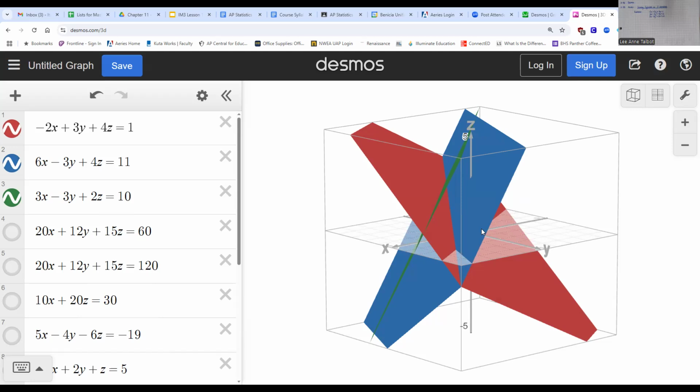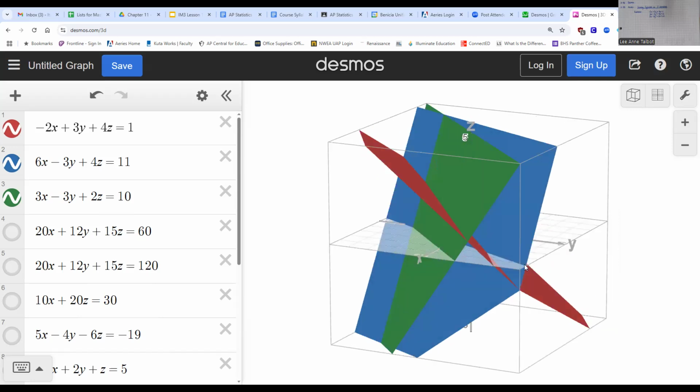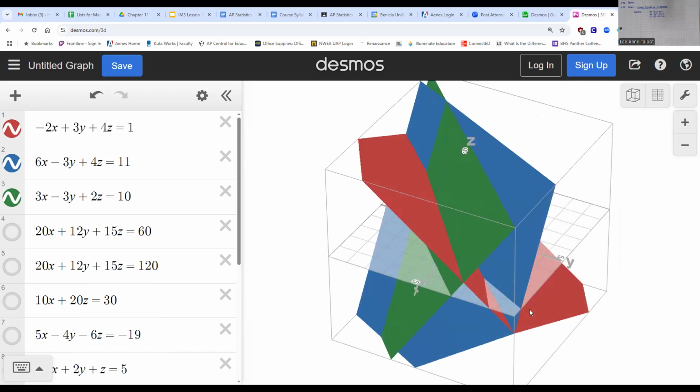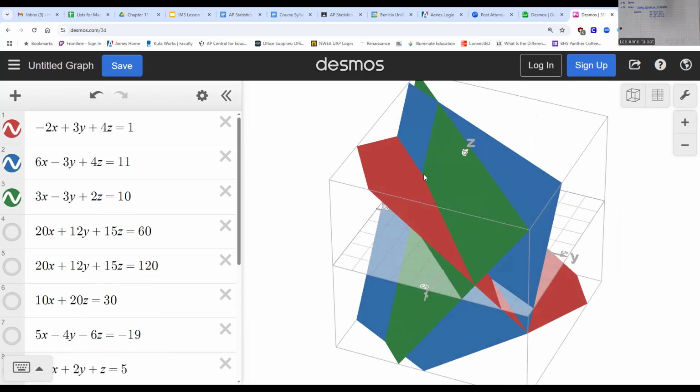And planes intersect each other. Can you guys see the spot where they intersect? The green, red, and the blue. They all have to intersect at the same point for there to be a solution. Yes, right?